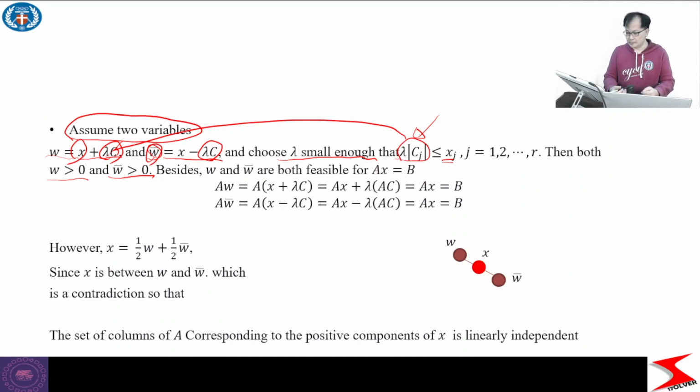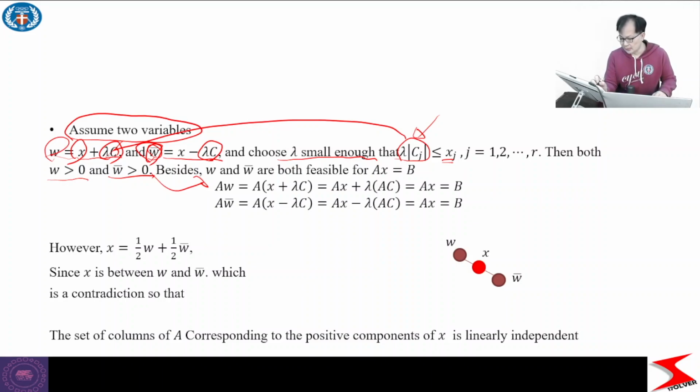So we can put W and W bar into Ax equals b, to verify if W and W bar are feasible solutions for the system of equations.